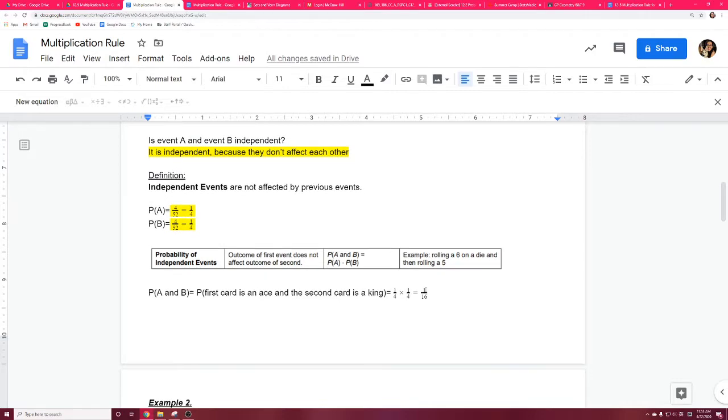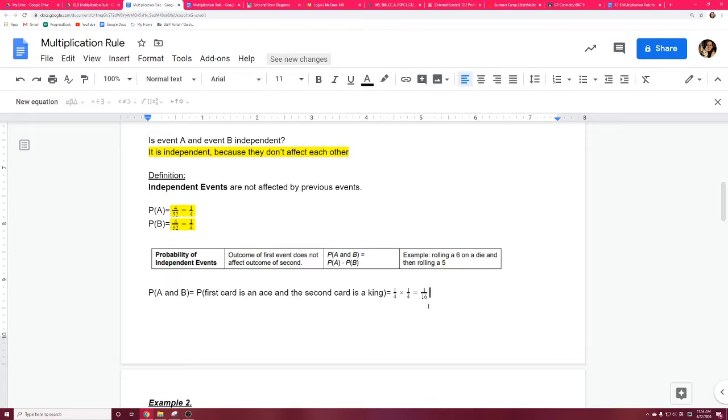This probability, you can also find by laying out all the outcomes. For example, you can lay out the outcomes: ace, ace, ace 2, ace 3, whatever. You will see that eventually the number is the same. However, if you imagine all the outcomes, there will be a lot of combinations in 52 cards.